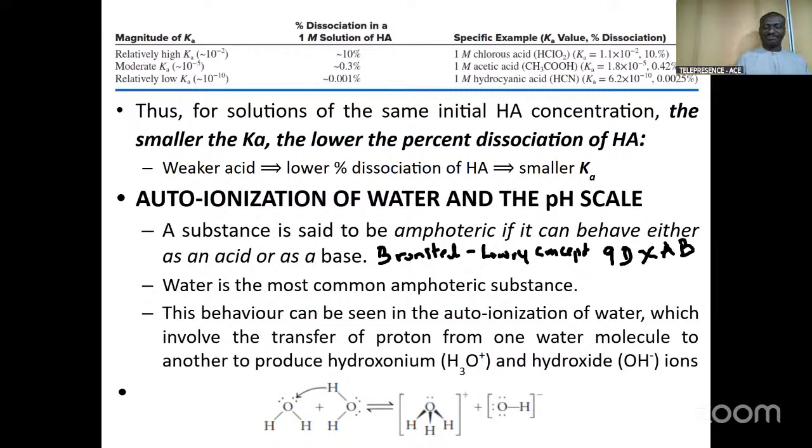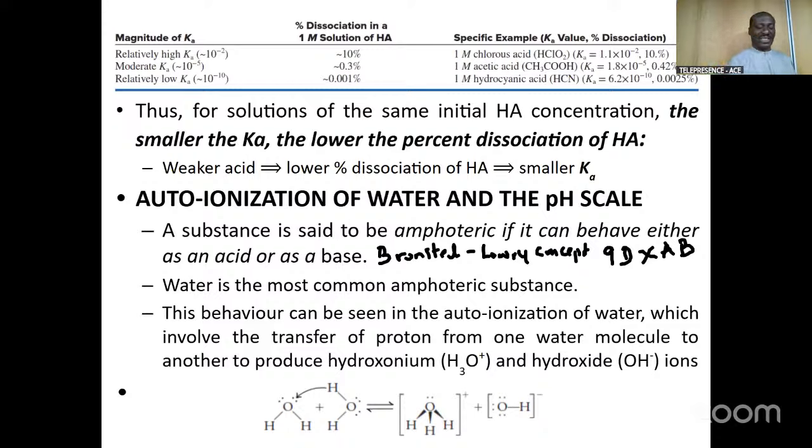Now, water. Water can behave at the same time as a proton donor and at the same time as a proton acceptor. A substance like water that can behave as a proton donor and a proton acceptor at the same time is said to be an amphoteric substance.